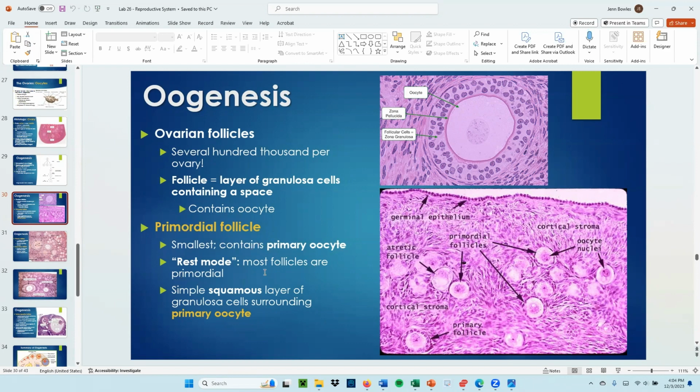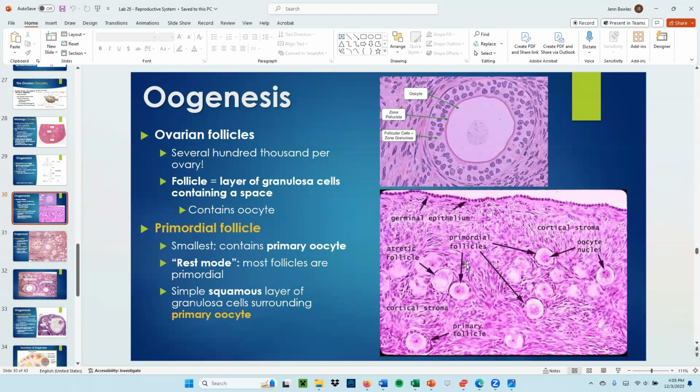These follicles are all in kind of the default rest mode. Up to a certain point of cell division, the primary oocyte will form, and then that process is going to halt until puberty. So nothing is going to happen to these oocytes until puberty, when ovulation starts to occur. That is the rest mode. That's what people were referring to when they talk about the fact that eggs are predetermined before birth.